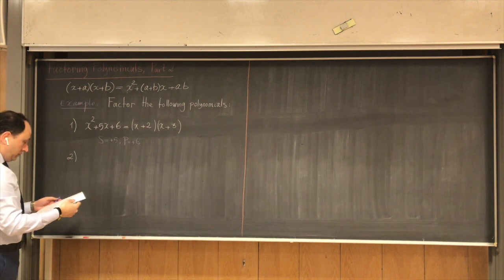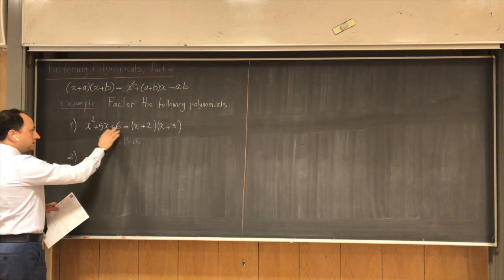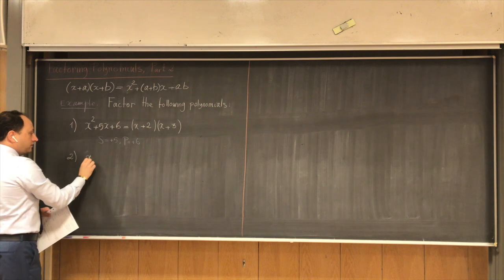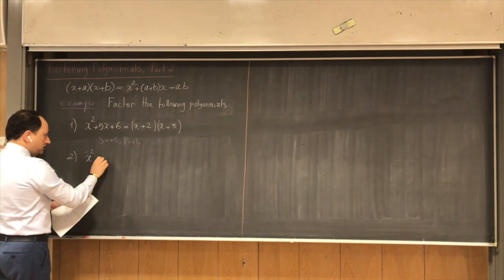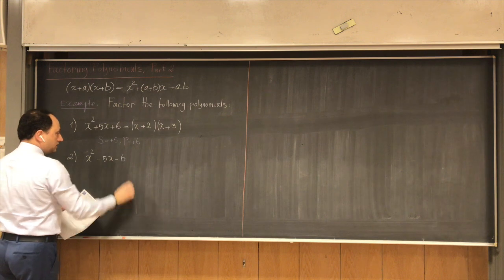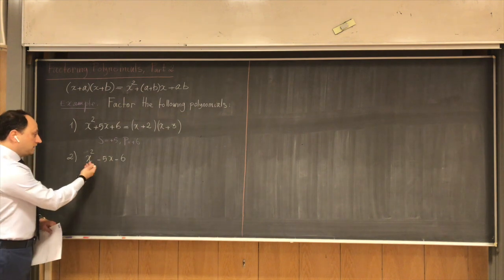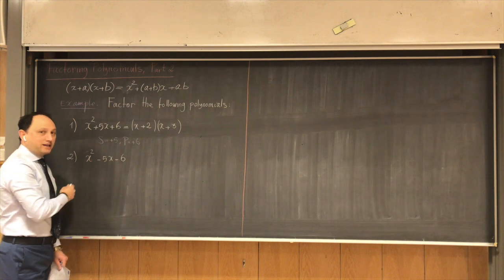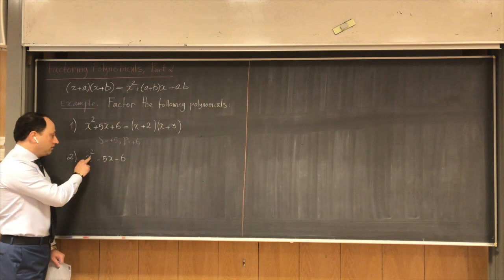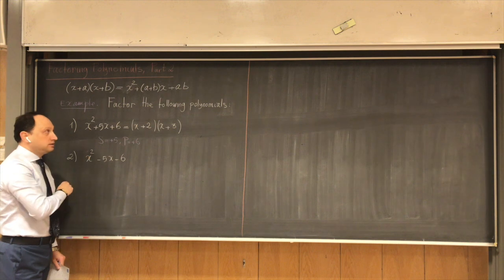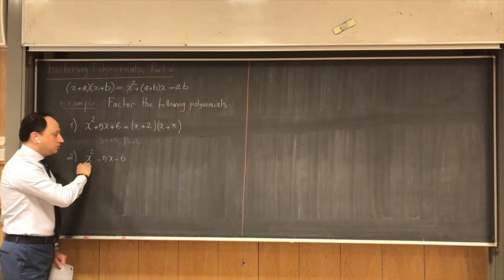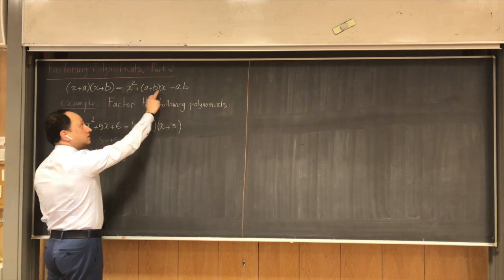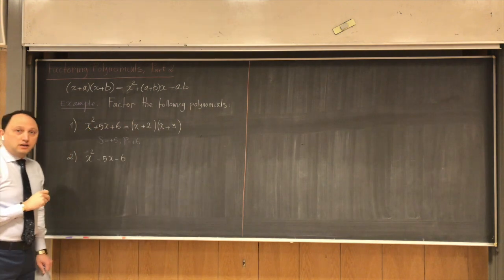So number 2, let us play around with these signs first. I have x squared, then minus 5x minus 6. You see that I have a trinomial, a polynomial containing exactly 3 terms, and one of them is a complete square. So I can probably compare this with the right hand side of this identity.